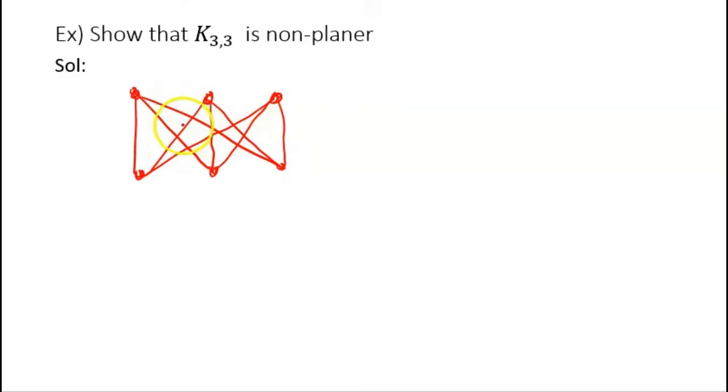So see, this is K33. Can you find a circuit of length 3? 1, 2, no. 1, 2, no. There is no circuit of length 3.